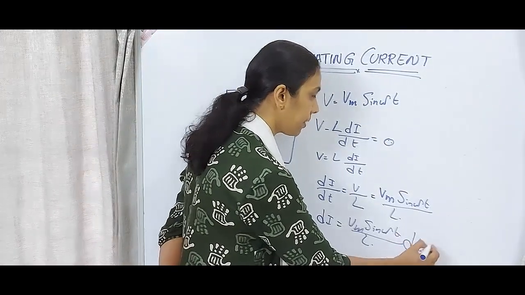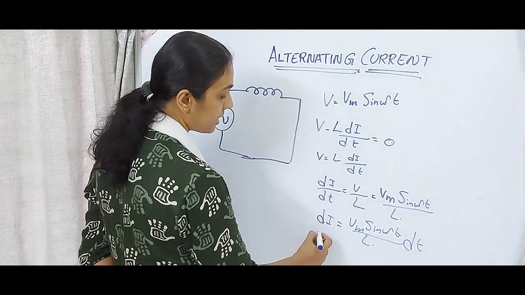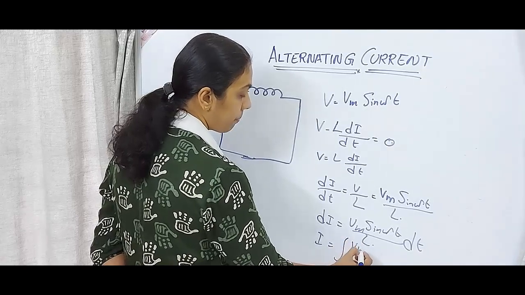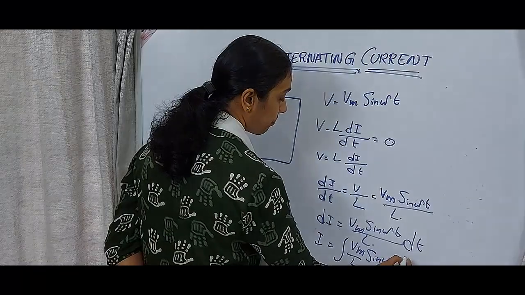Now we are going to find out the current. How can we find it? Integrating both sides, I equals integral of Vm by L sin omega t dt.